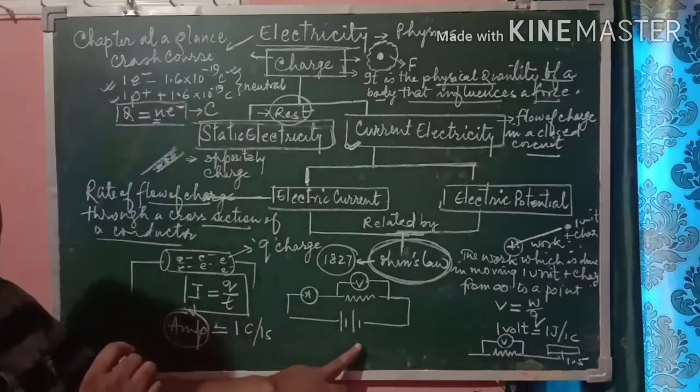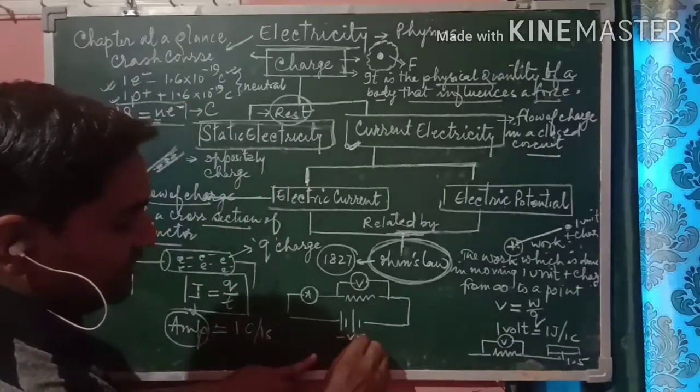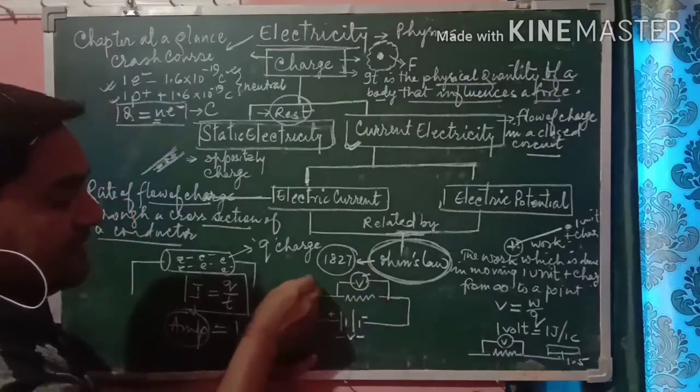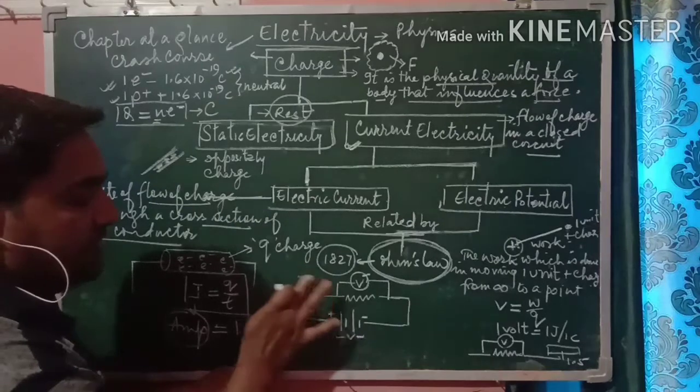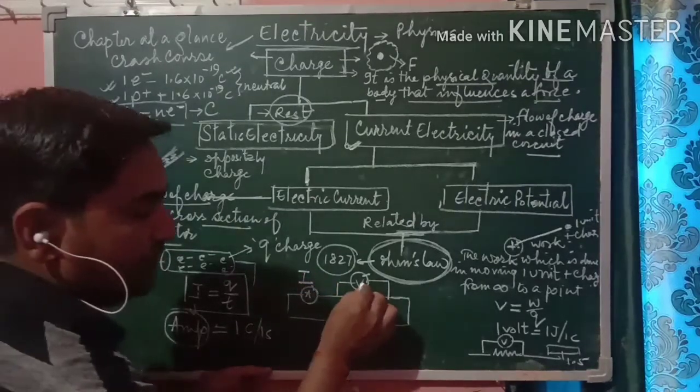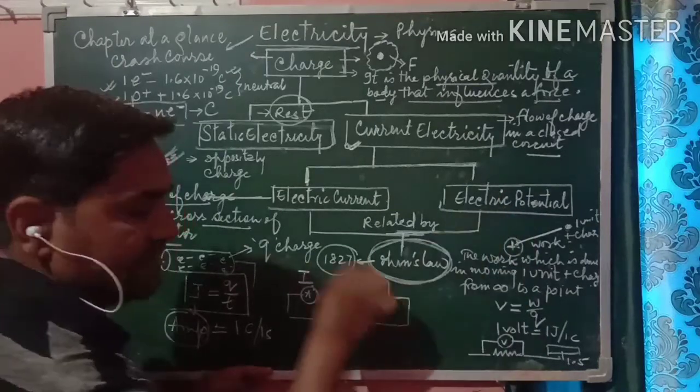According to this arrangement, this is the potential difference, the battery, this is the voltmeter, this is the ammeter. Through the ammeter the reading of I is taken, and through the voltmeter the potential difference is measured.